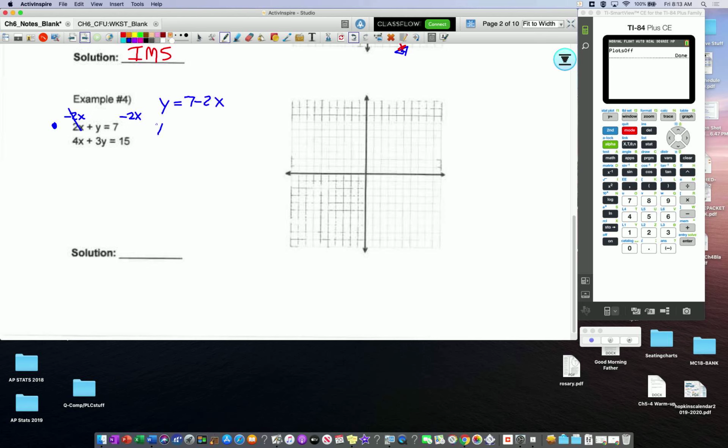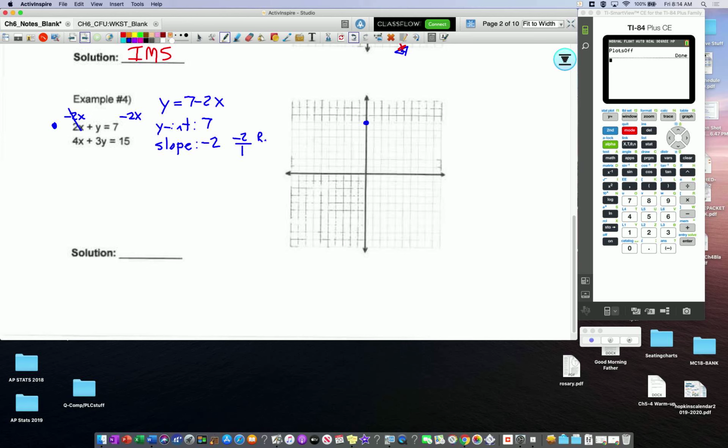So now my y-intercept is 7. My slope, -2. So I go to graph. When I look here, y-intercept, 1, 2, 3, 4, 5, 6, 7. Slope is 2, so -2 over 1.